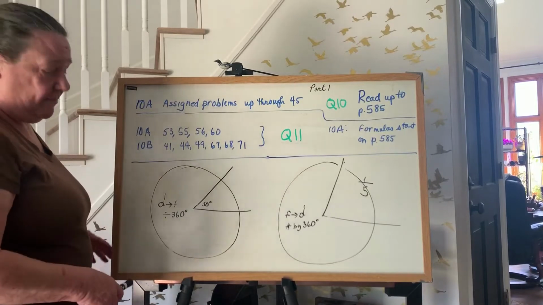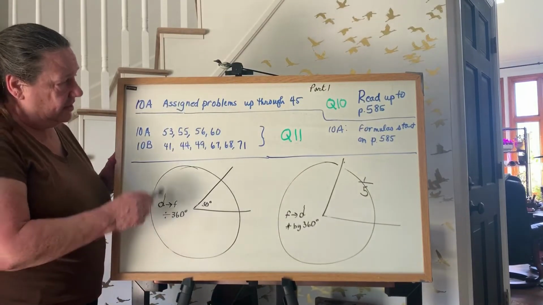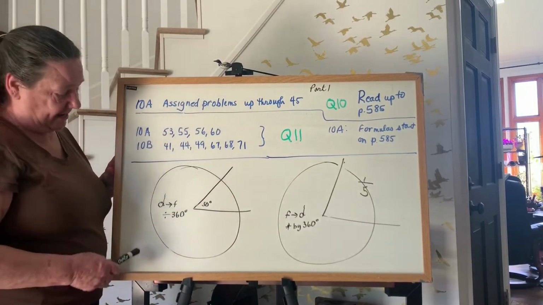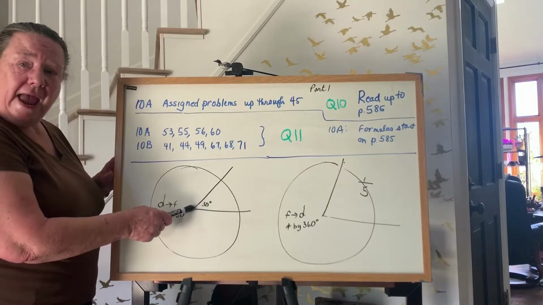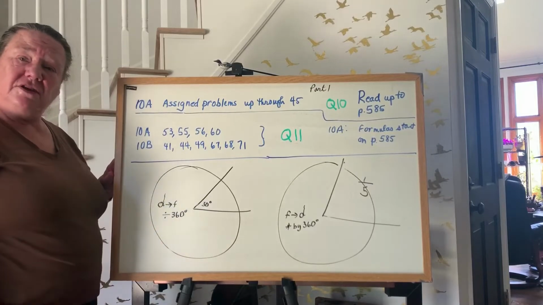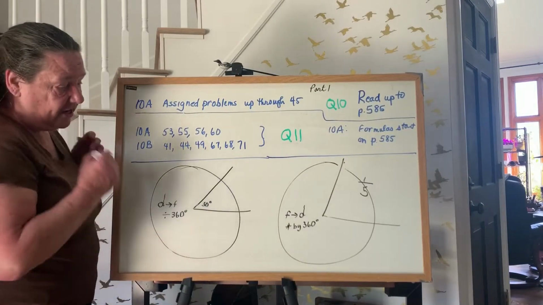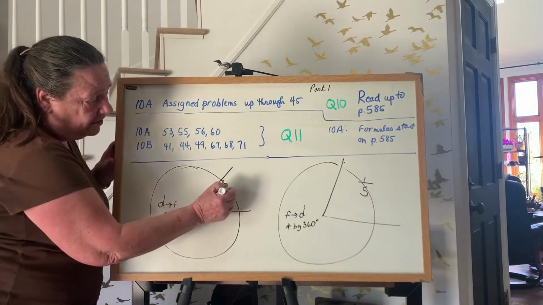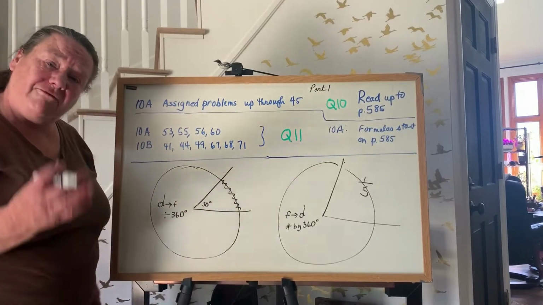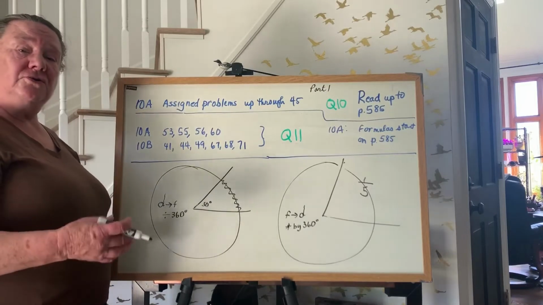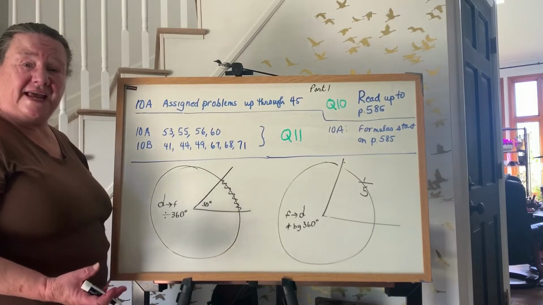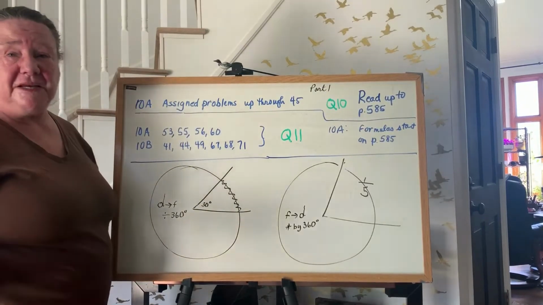Okay, the first thing I want to do, in your beginning problems on 10A, is change the degree angle to the fraction of the circle that it is cutting off. That's this part. I want to know what fraction that is of the circle. Now, the authors use the word subtend, and subtend just means cut.